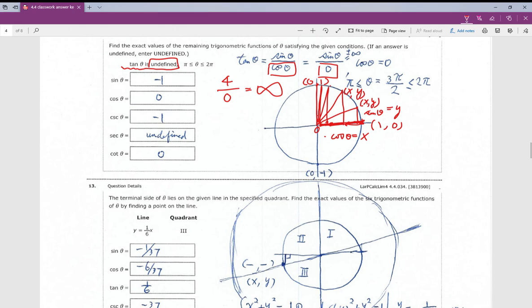Okay? And then I would like you to answer the question. What's the coordinate here? X value -1, y value 0. And what's the angle here? So when the angle goes up to 90 degrees, more than 90, and up to here, we say the angle is pi.